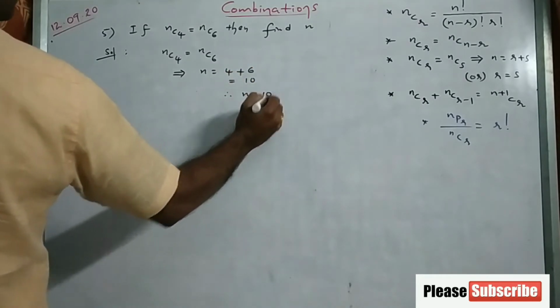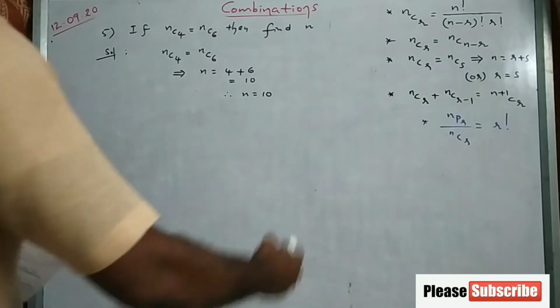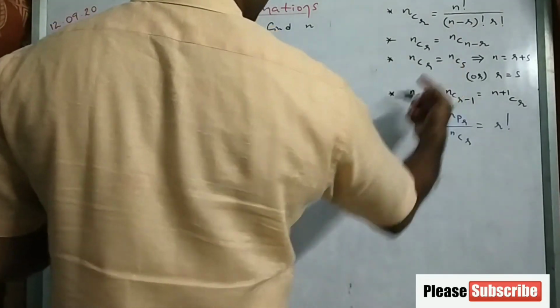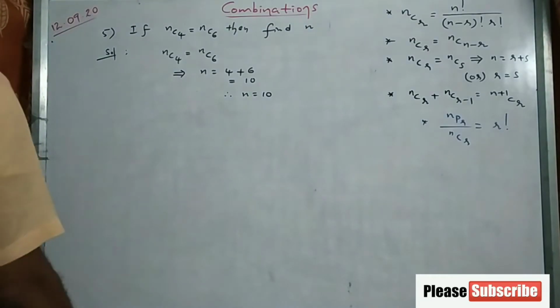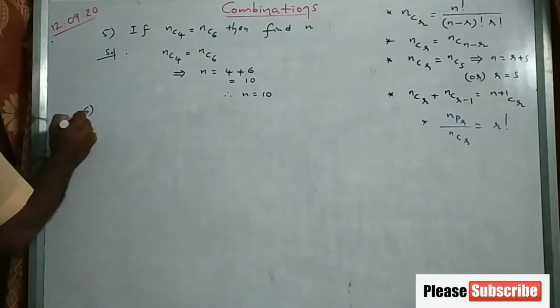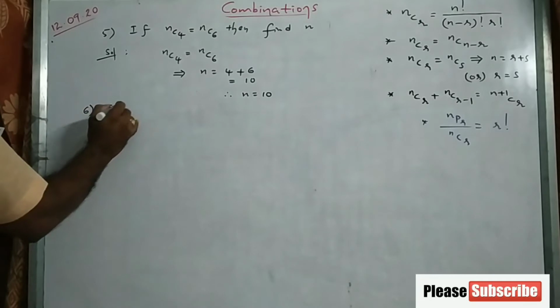Therefore N value is 10. As per this formula, if NCR equals NCS, then N equals R plus S or R equals S. Okay.